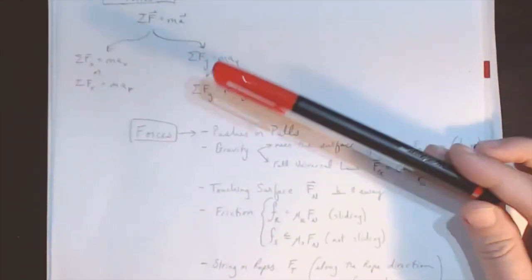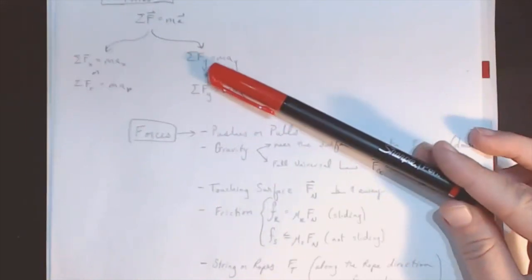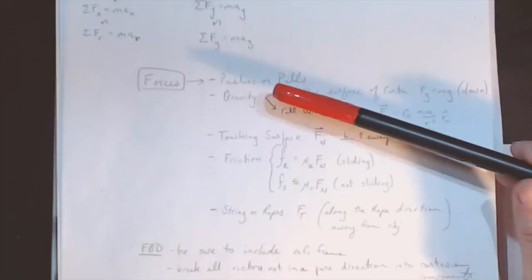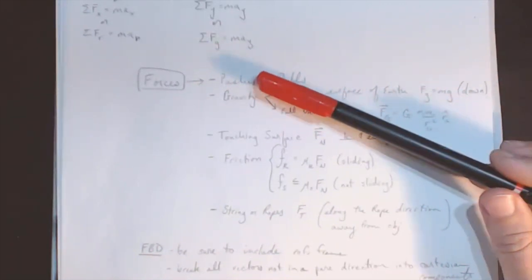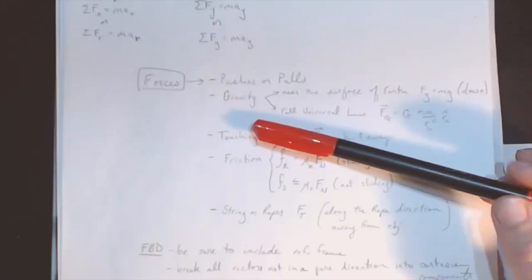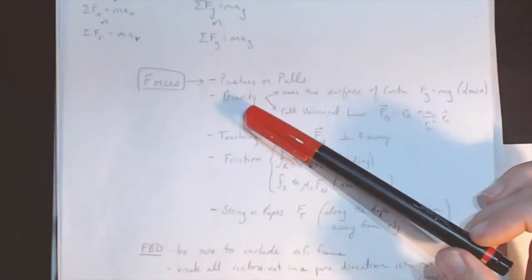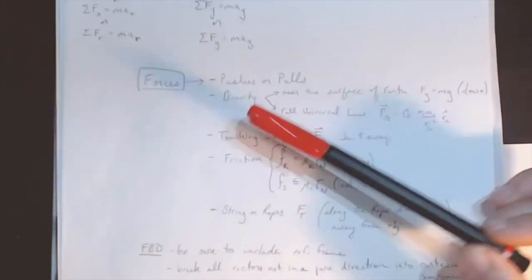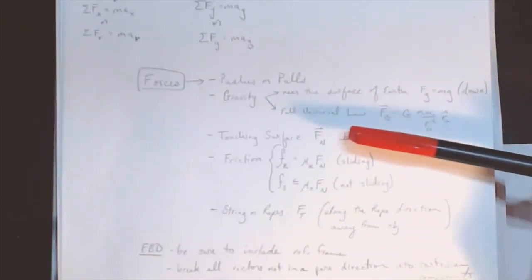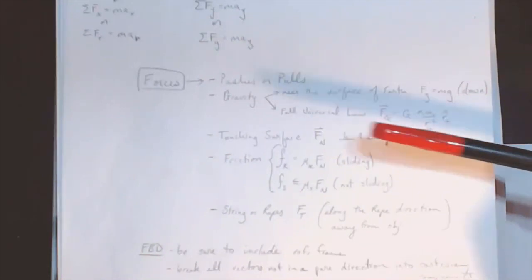As you fill in your equations for the force, there are many forces to make sure you're including if they exist, just regular pushes or pulls by people or animals or whatever. Gravity: when you use gravity, you always are choosing between either near the surface of the Earth or the universal law of gravity.